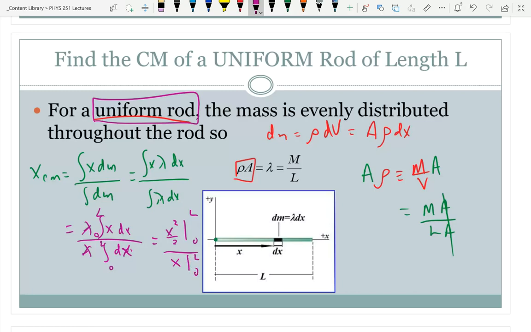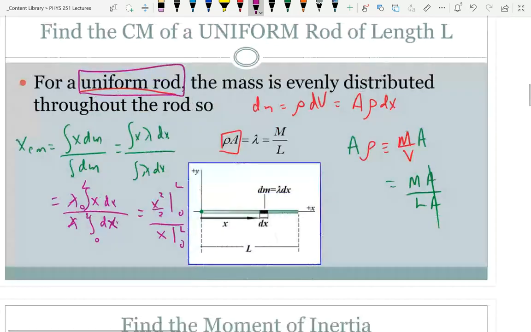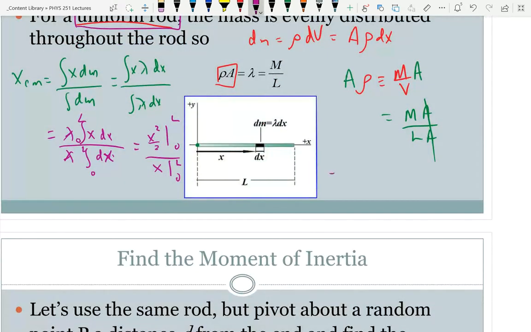Now that we're outside of integrals, I still can't cancel. I have to apply the limits first. So if I apply the limits, L squared over 2 minus 0 squared over 2. You have to remember to do the upper limit minus the lower limit. The lower limit in these cases is just going to give a 0 on top and bottom, but still, being explicit.